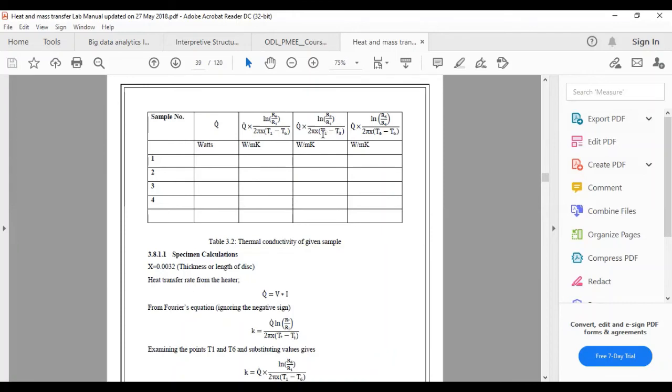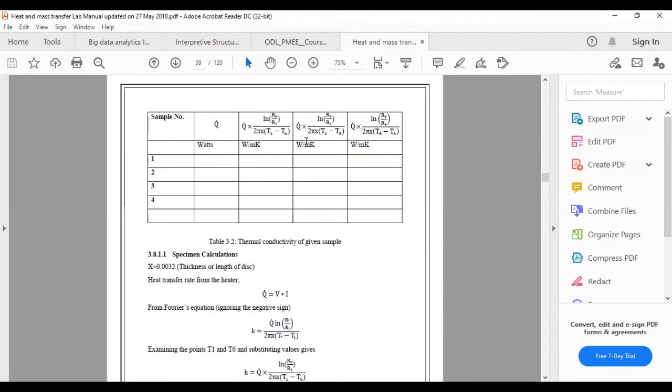Remaining things are the same. Similarly, for a third option on different temperatures and radii, you can use your formula R6 over R4. You can choose the radii, and the respective temperature difference will also change, from T4 and T6.